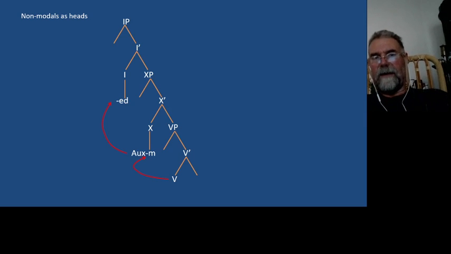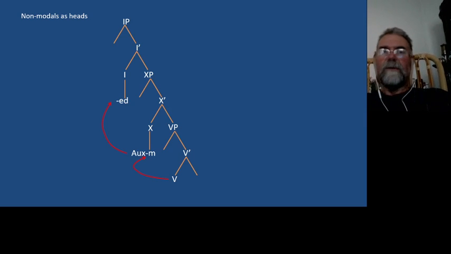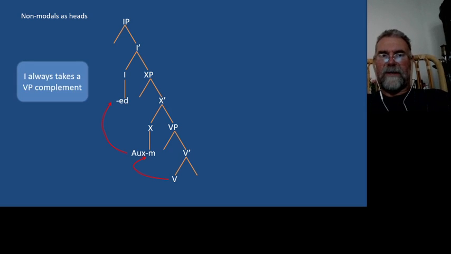Okay, so what's the category? Well, we know that inflections only ever take a VP complement. And if that's true, then we've only got one choice for the category of this aspectual element. It's got to be verbal, because it sits in the complement position of the inflection. Inflections only take VP complements.